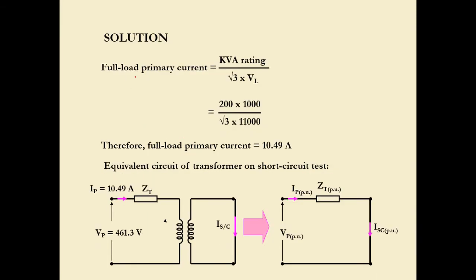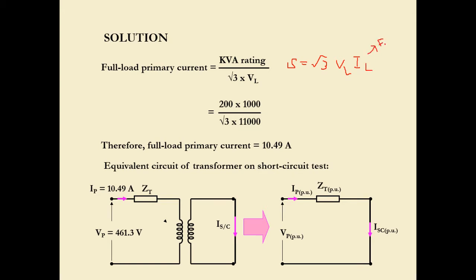So, solution: full load primary current. This is the equation. We have S equal to square root 3, V L, I L, at full load, where FL stands for full load.